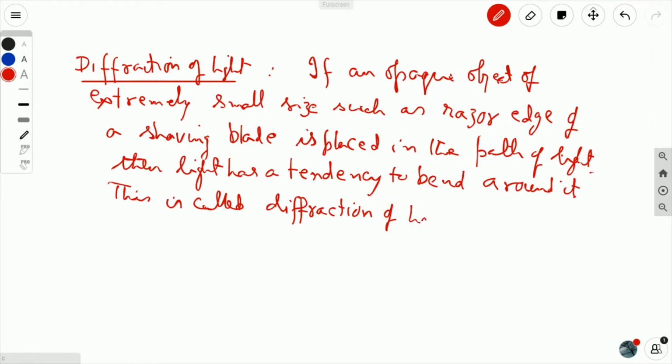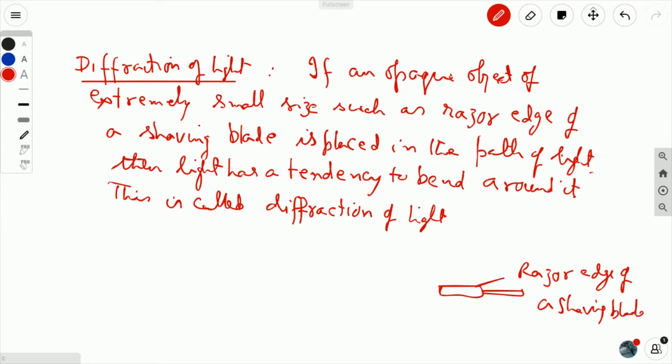Suppose this is the blade, and this is the razor edge of a shaving blade.